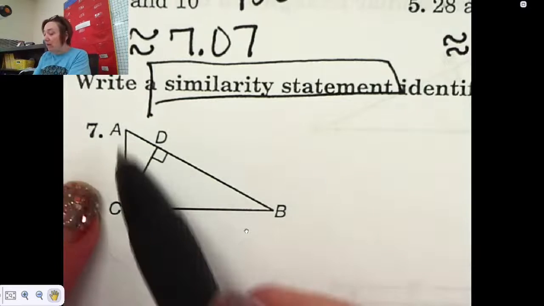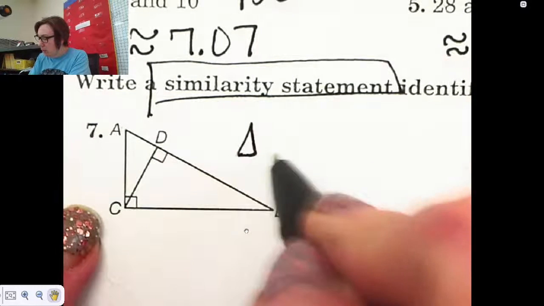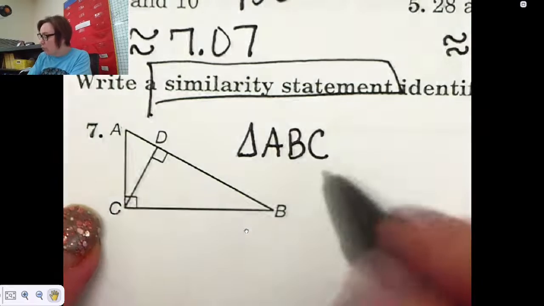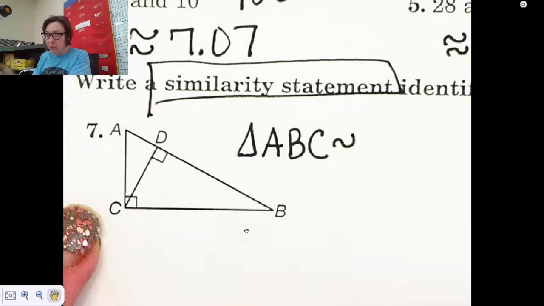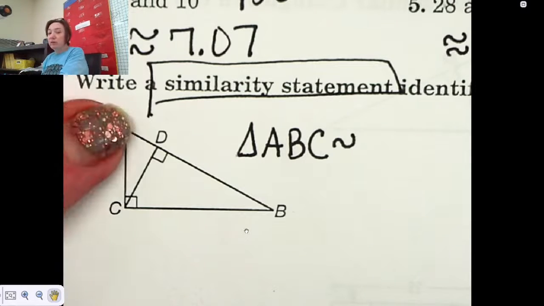So if we were to name this big guy, right? We can name him whatever we want to. But let's say we name him triangle ABC. And we say he is similar. Now he's similar to 2 other triangles, so we've got to put them all in there. We're going to put one at a time. Let's do the little one first.